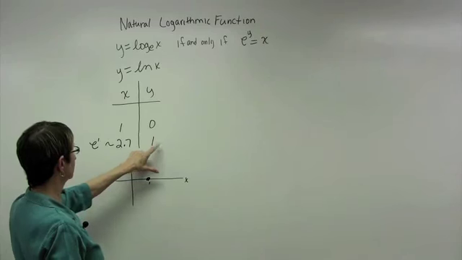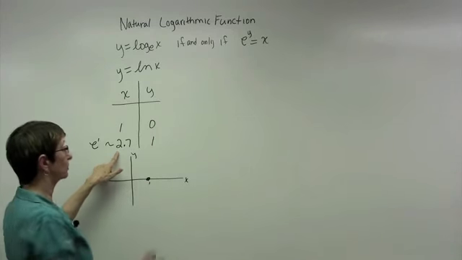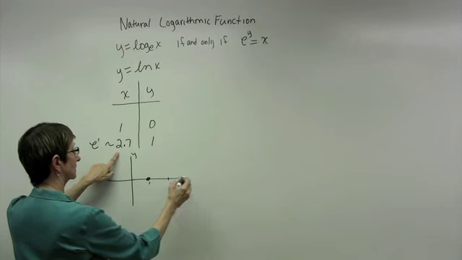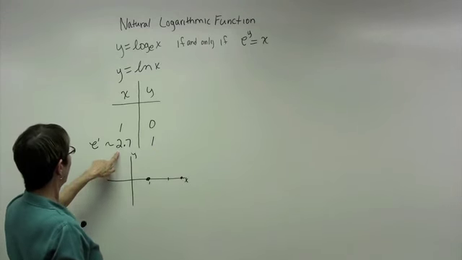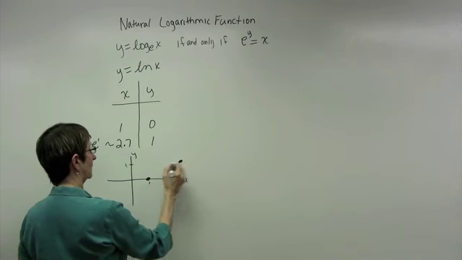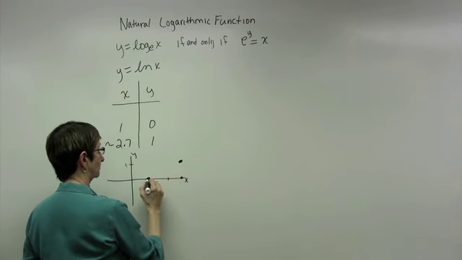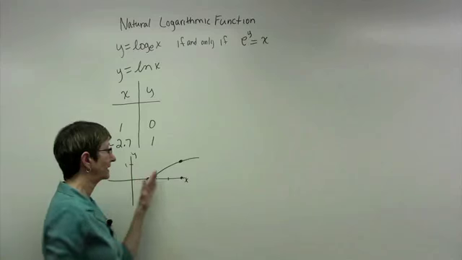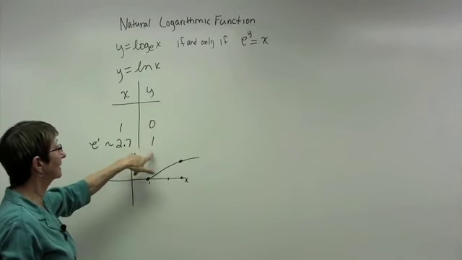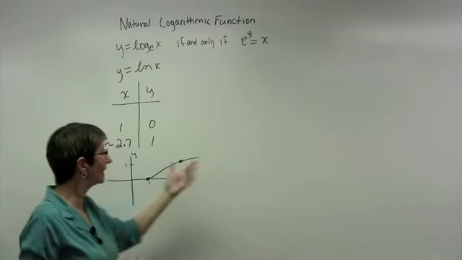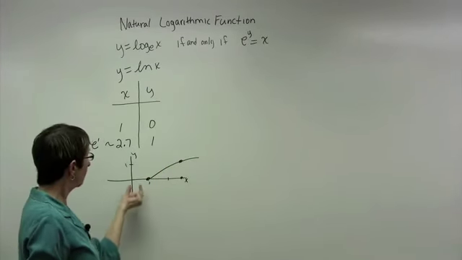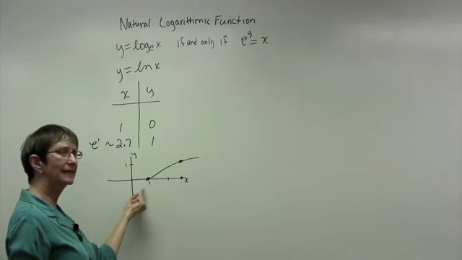And then I have x equal to 2.7, which is a little bit less than 3, and y is 1. So it's curving up like this, increasing, and as the y values get bigger, if y is 2, I have e squared, 2.7 squared, so the numbers are increasing gradually. But what happens down here, less than 1?